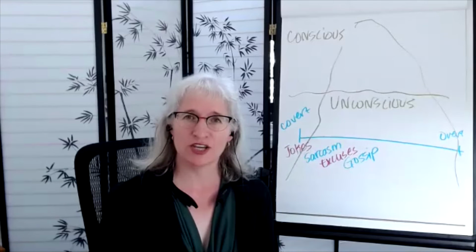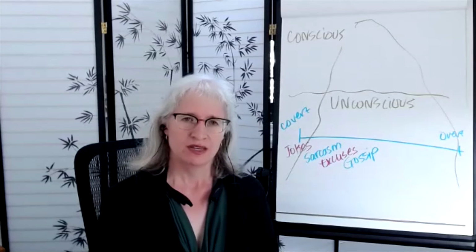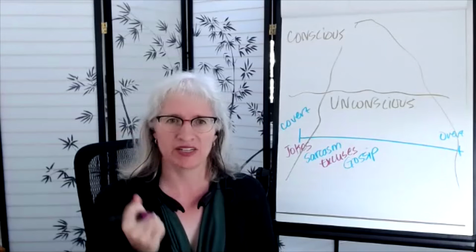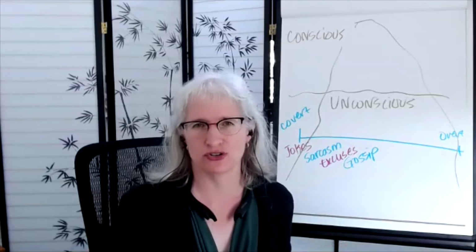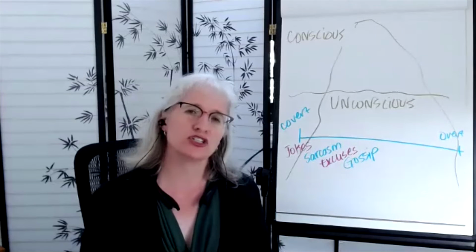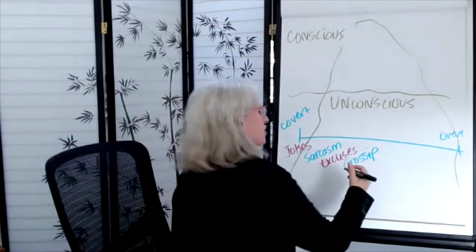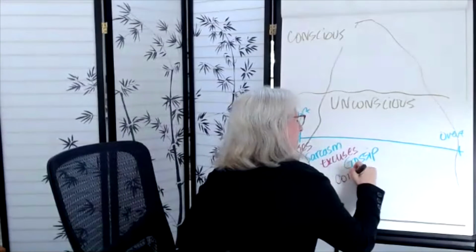Okay, I'm now going to take you quickly through the next 4 pieces on the resistance line. Often, if change hasn't occurred already, if the sarcasm, the excuses, the gossip haven't caused a shift in the organization, the next thing we often see is a communication breakdown.